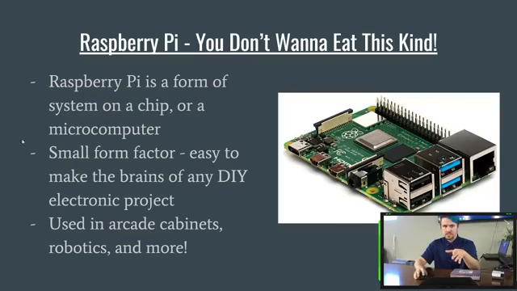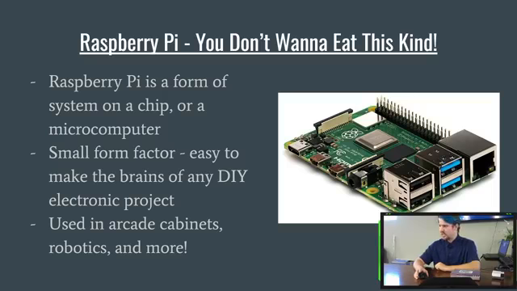And you can see here that the CPU is in the middle. You have some GPIO pins for integrating with other electronics projects. There are USBs on the front. There's display, there's power. All the functionalities that you would find on a normal computer are also on this Raspberry Pi. Small form factor, it's easy to make the brains of any DIY electronic project.